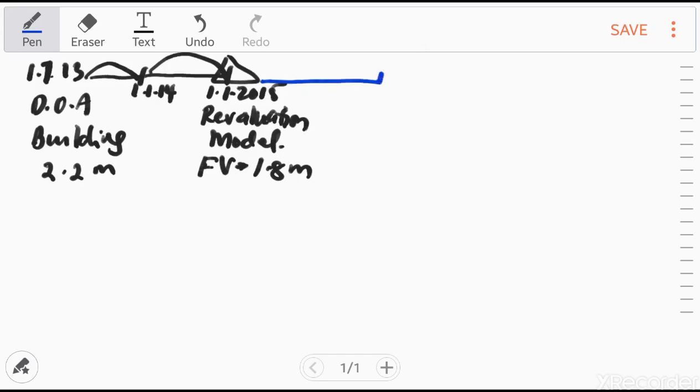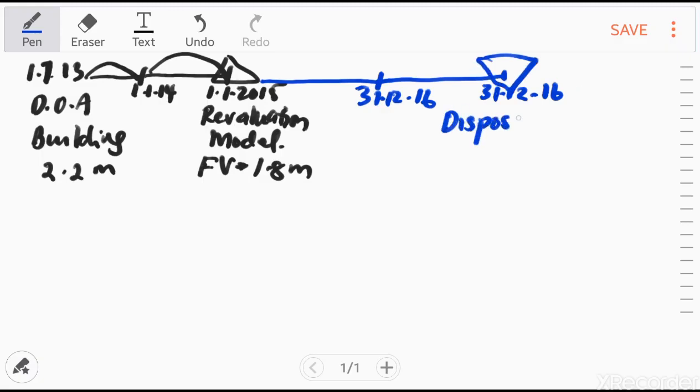So here is 31st of December 15, and this one is 31st of December 16. So this is where it is disposed. So I put here disposal on this date. Here is revaluation.